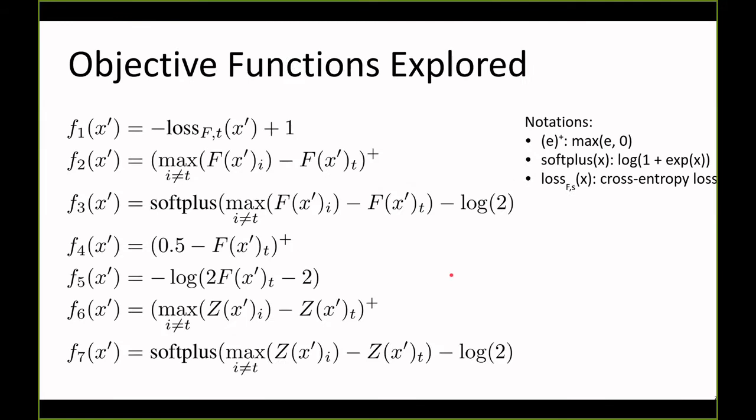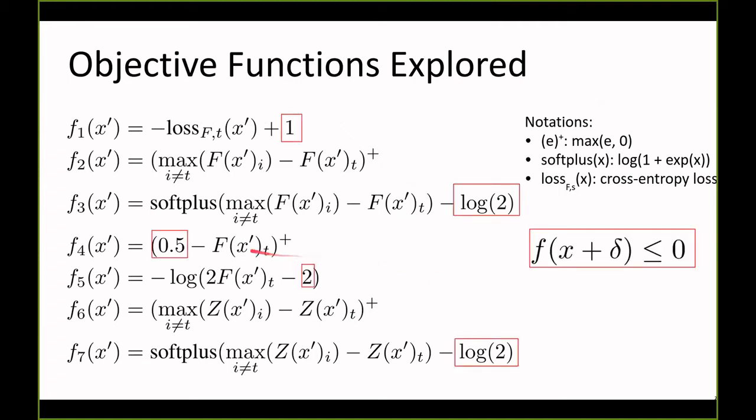So here are 7 different objective functions that they propose. You'll notice that these are handcrafted to satisfy our original definition of the objective function, that f of x plus delta is less than or equal to 0 when it's satisfied. Here, the first loss is the cross entropy loss.